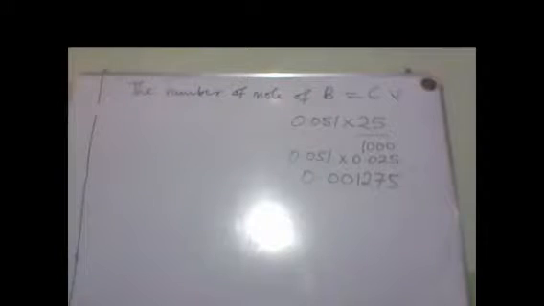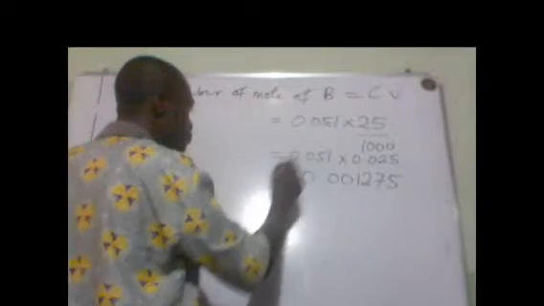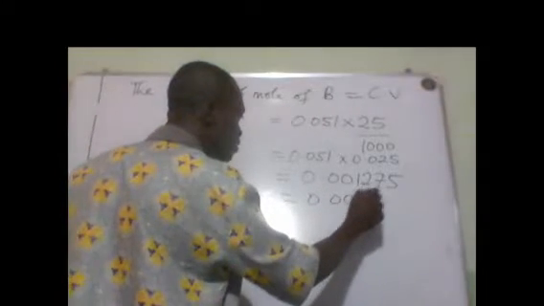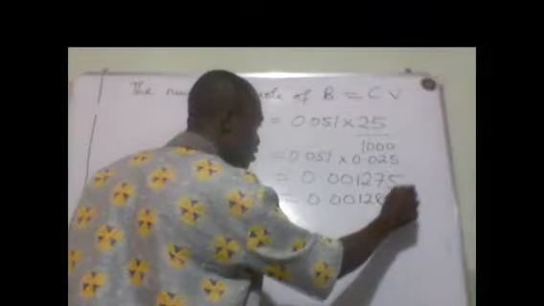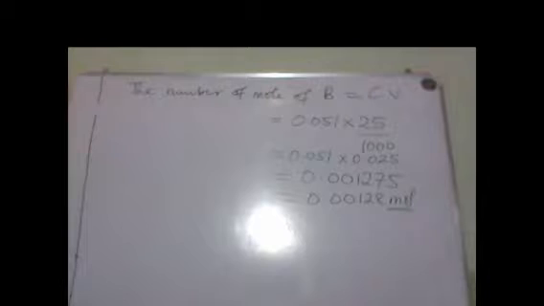But we need to be very careful here. In carrying out this calculation, it is advisable to leave your answer in 3 significant figures, because exam bodies penalize those who did not meet up with this standard. In that case, our answer will become 0.0128 mole, and your unit is also important.